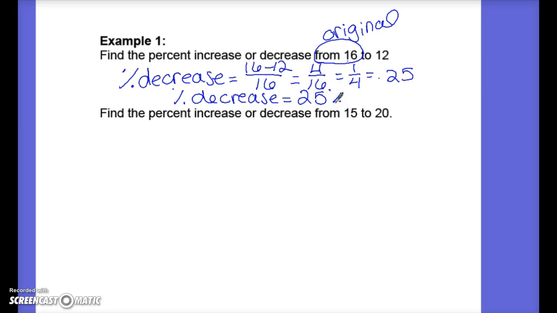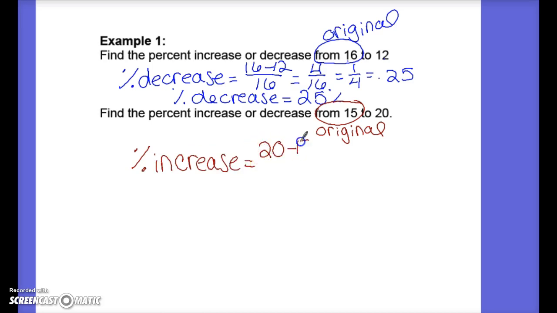The second one, find the percent increase or decrease from 15, circle it. Look at it, it looks like an O for original, to 20. Since it's going up, I know it's going to be a percent increase. Still, when you're subtracting, do your big minus your small.